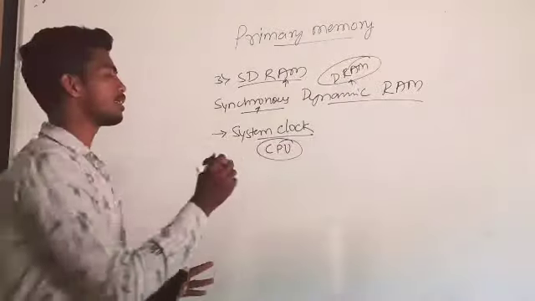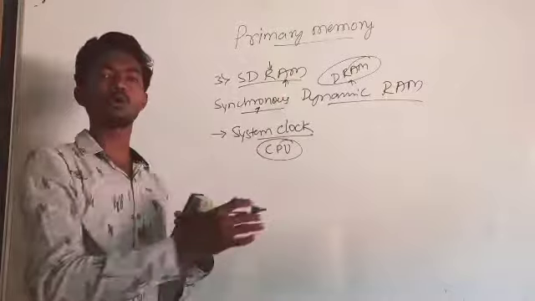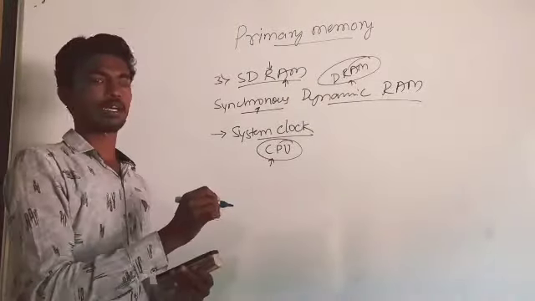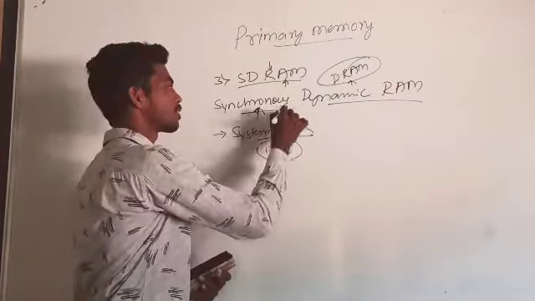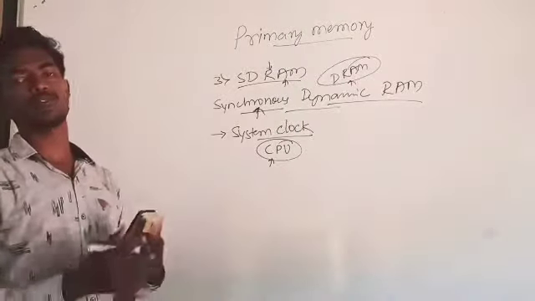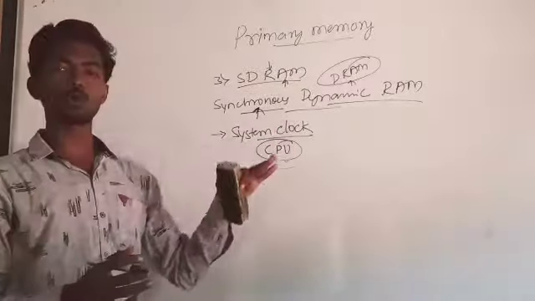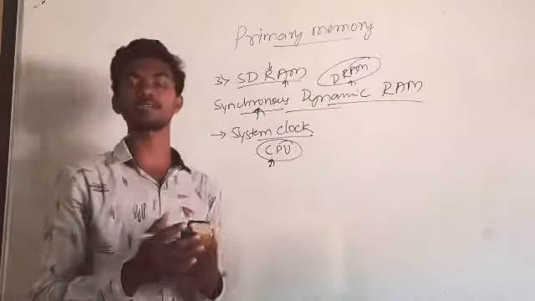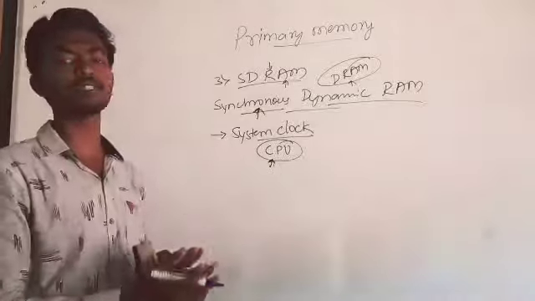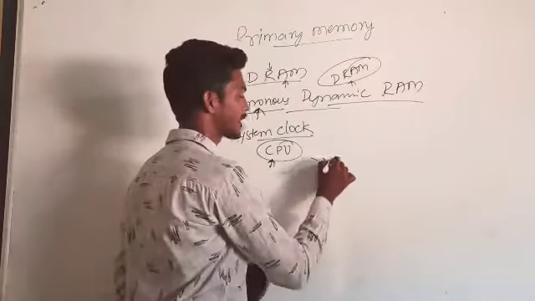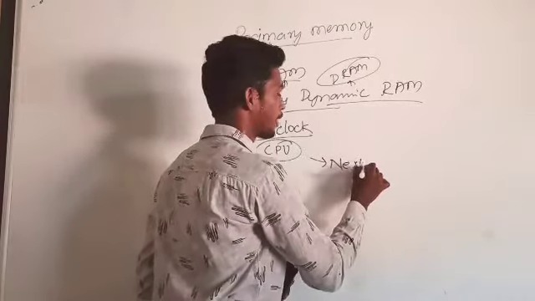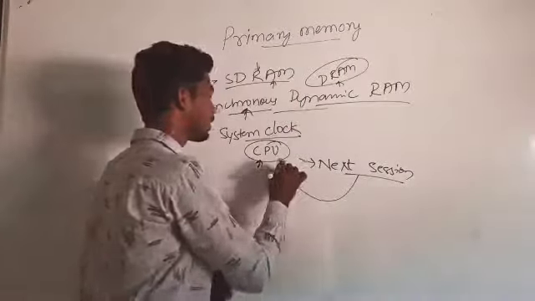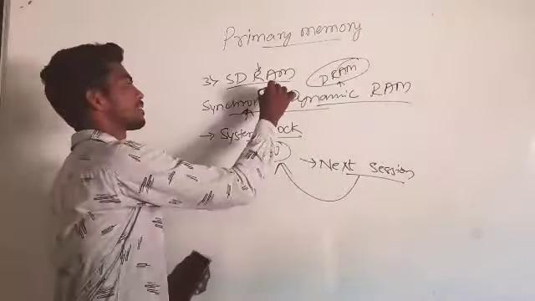That helps the RAM know the next data requirement of the CPU. As it is a synchronous dynamic RAM, it is very helpful in knowing what data is needed by the CPU in the next clock cycle. Which data is needed by the CPU is directly known by the SDRAM.